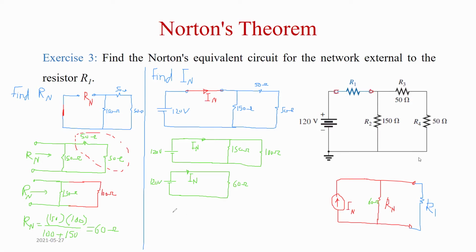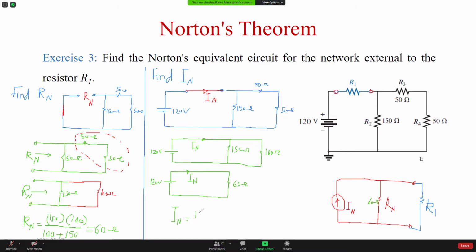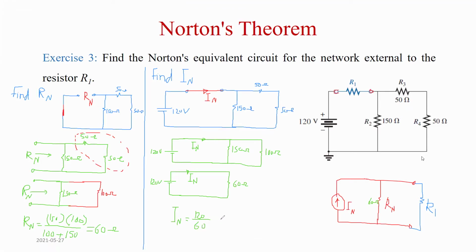Now in this circuit, it's quite simple to find the current. It's just the voltage divided by the resistance. So it's 120 divided by 60, Ohm's law, and this is 2 ampere. So what is In here is 2 ampere. Now I found the equivalent circuit.